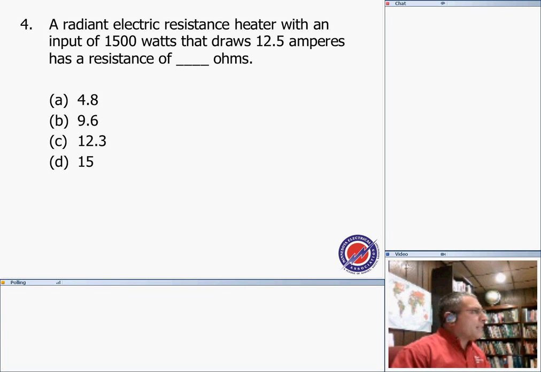A radiant electric resistance heater with an input power of this amount and this amount of current has a resistance of what? This one, guys, you need to use the formula for power, since we have the power and the current and we want the resistor: P equals I squared R. You remember that one?